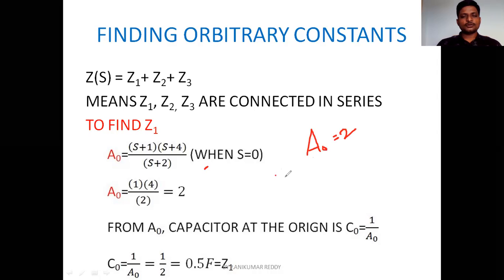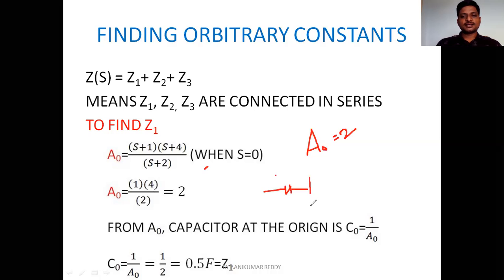You have to assume that the first term in Z of s of the Foster 1 form is a capacitor at 0, and the last term is a resistor at infinity, and in between there will be parallel combinations of resistor and capacitor.